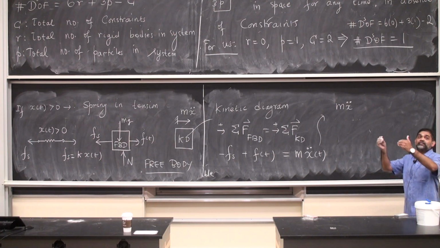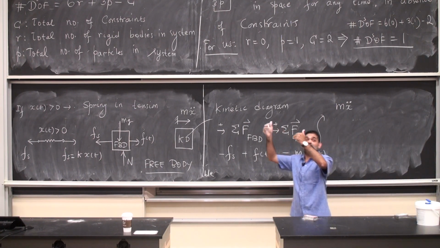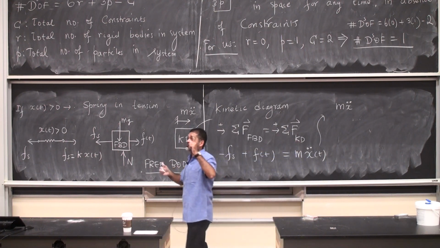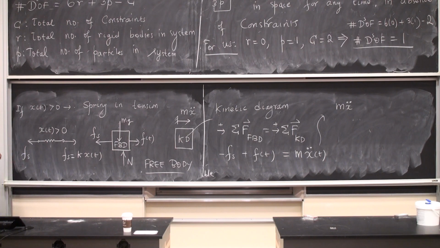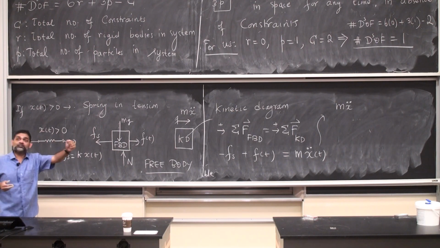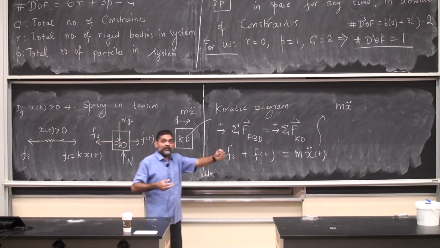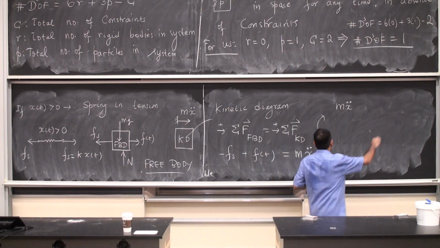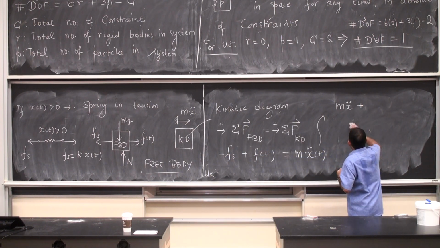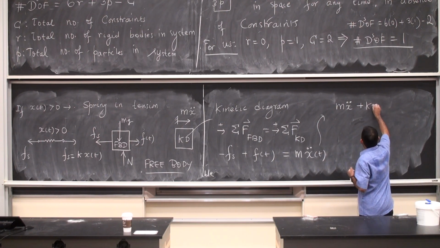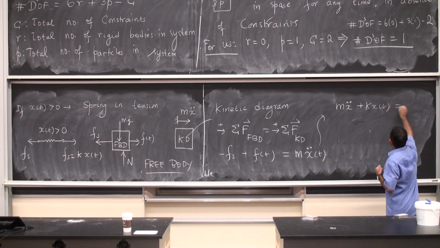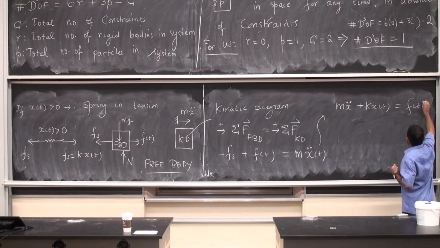I write all the dependent variables and its derivatives on one side of the ODE, the standard form, don't forget it. All dependent variables and its derivatives on one side. All the independent variables, functions of time, inputs, they're on the other side. So m x double dot plus k x is equal to F of t.